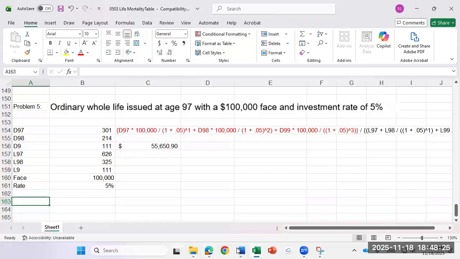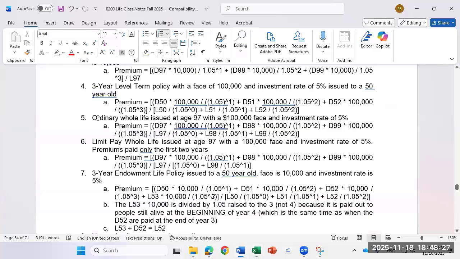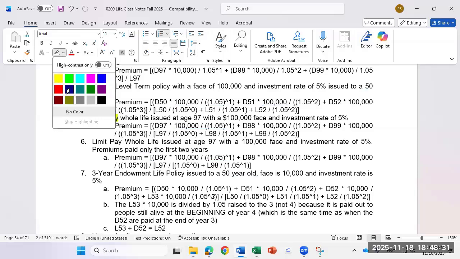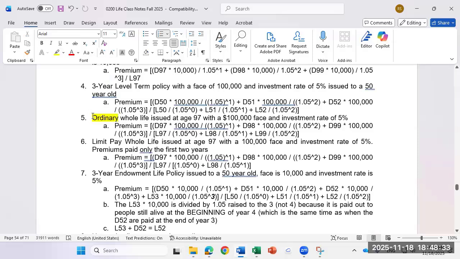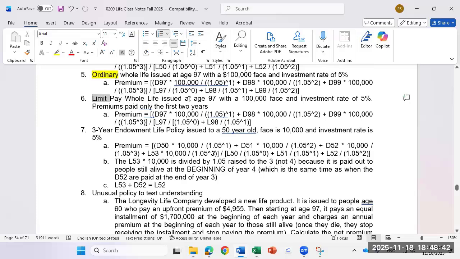All right, so there's that term ordinary, real important term. So don't ask me how many premium payments there are. The word ordinary tells you, just like 3-year level term tells you you have 3 premium payments. So limit pay whole life, we can do it, but it's so simple.